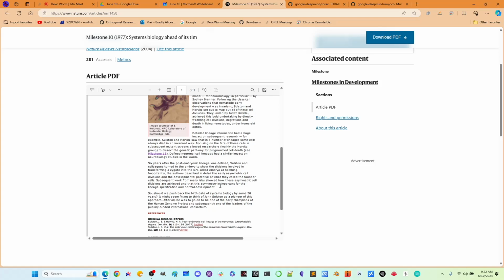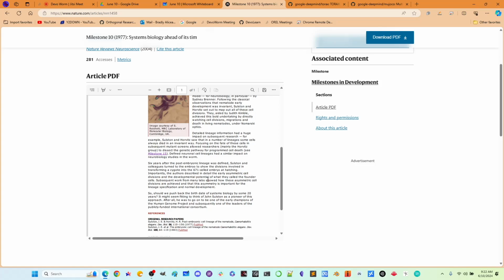where Sulston and Horvitz worked out the post-embryonic lineage of the lineage tree, and that refers to the fact that there's 671 cells in this newly hatched worm in the L1 stage, and of course there are more cells in the adult.